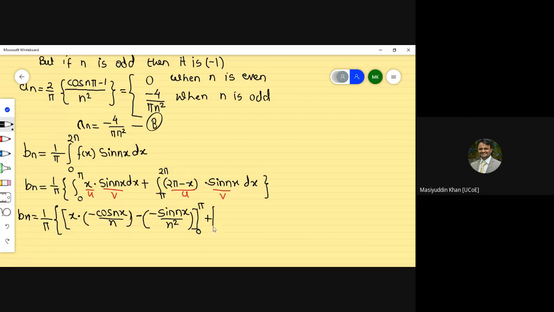plus we have to take the integration of this part again.